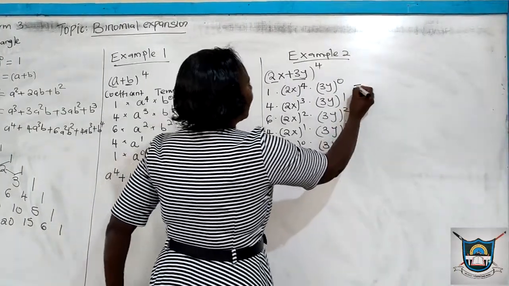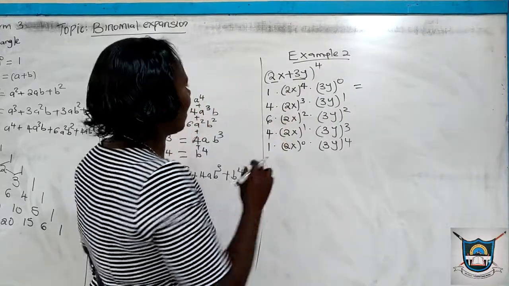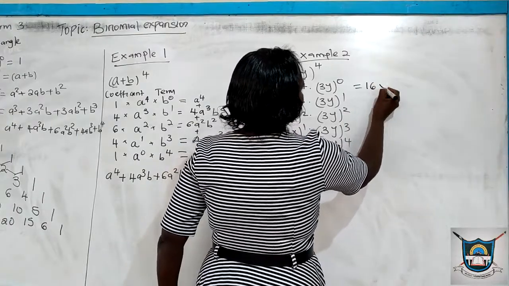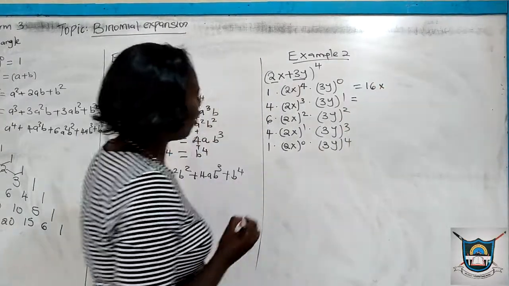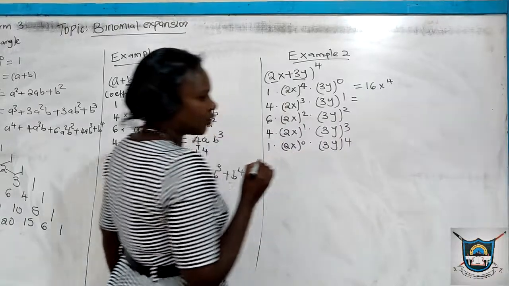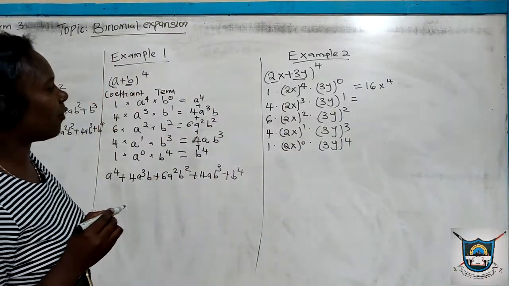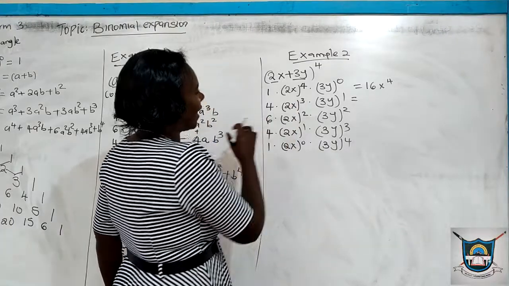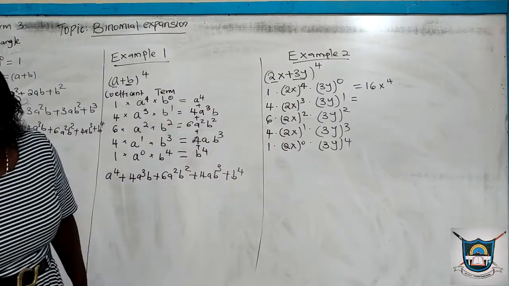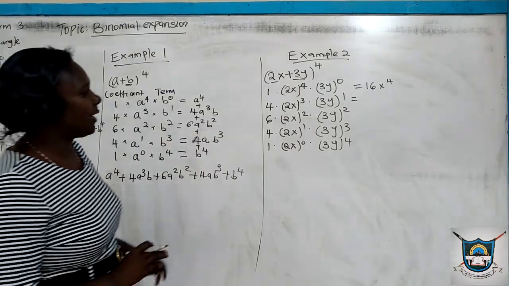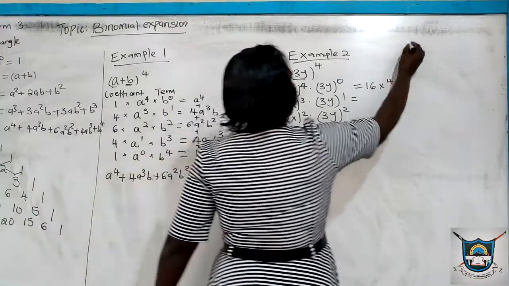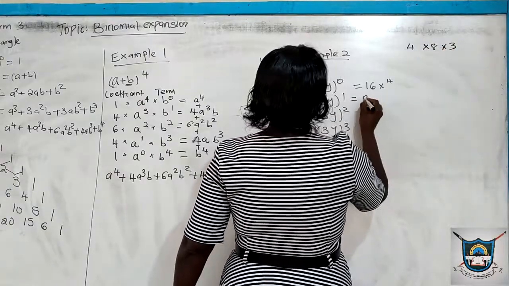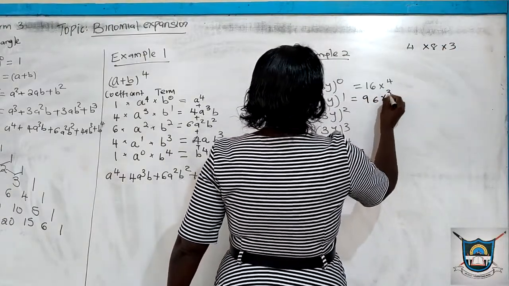So the first one will give us 1 times 2 to power 4 times (3y) to power 0, which gives us 16x to power 4. The second one gives us 4 times 8 times 3, which, if you multiply using the calculator, should give us 96x cubed y.